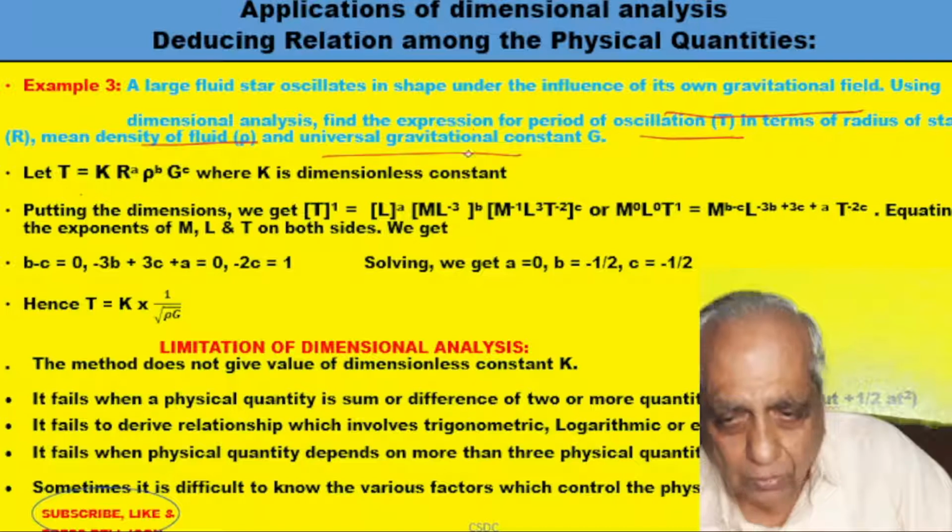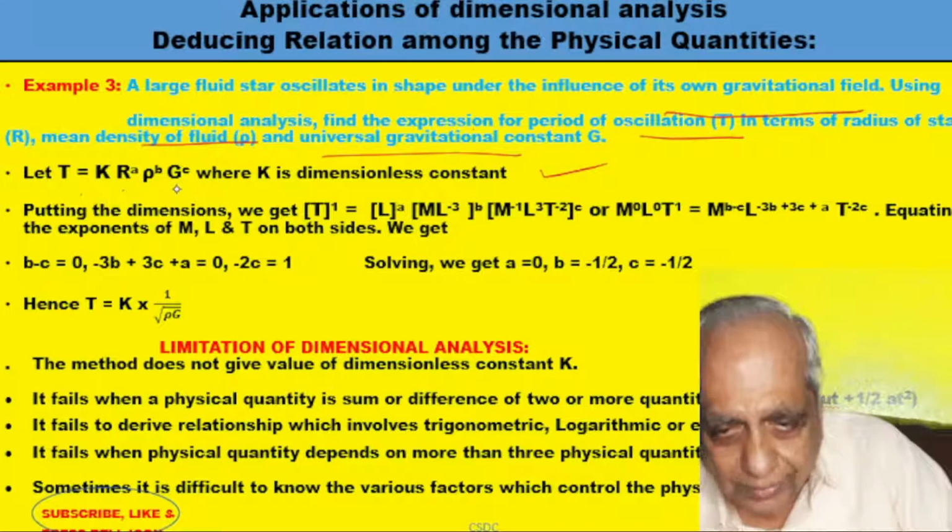Is it all right? Now put the dimensions of all the terms: r is in L, density you know, it is m raised to 1 L raised to minus 3, g you know, we have used many times, it is m raised to minus 1 L cube t raised to minus 2, the whole raised to c.